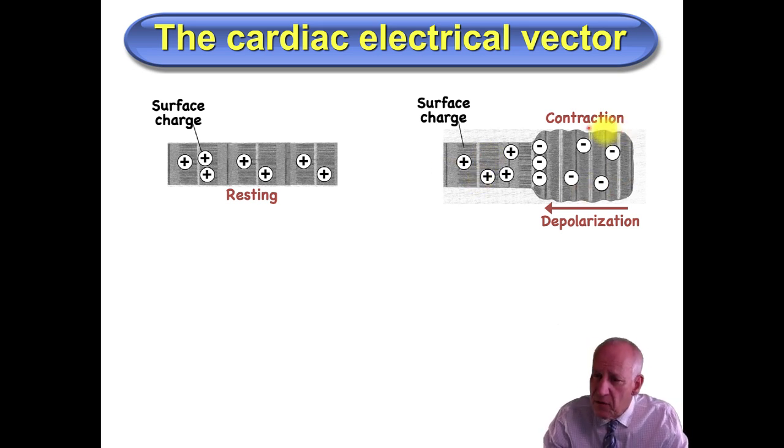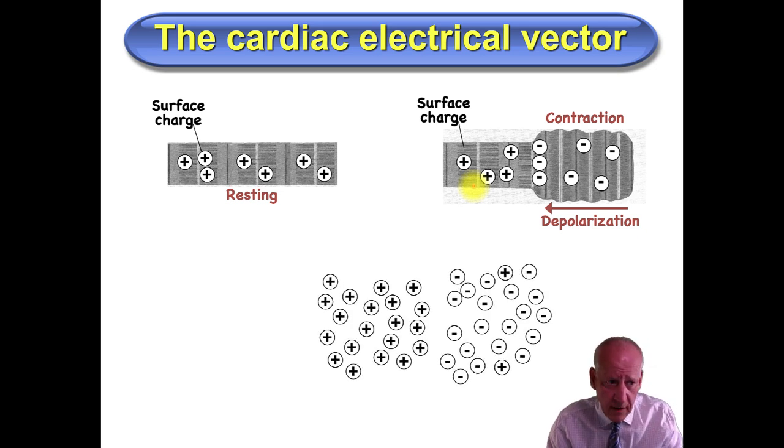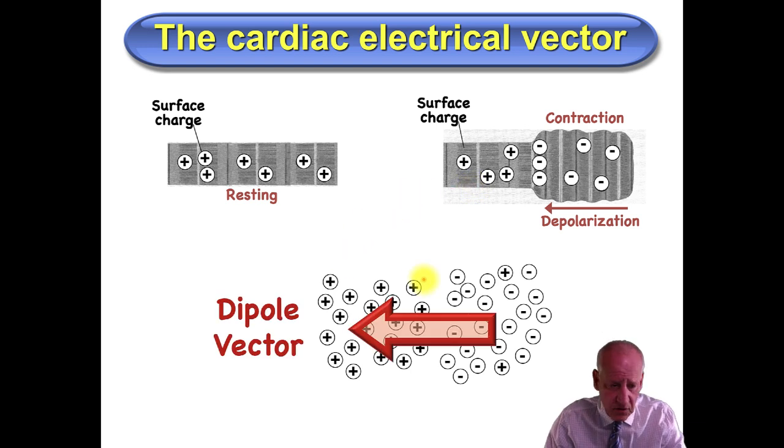Recall that in the region of depolarization, excitation, the muscle fiber will begin to contract. Now, in the heart, the individual muscle fibers are not arranged in neat parallel arrays, nor are they depolarizing at exactly the same time. But we can represent all of the millions of tiny extracellular potentials as one collective voltage with a magnitude and direction in 3D space.